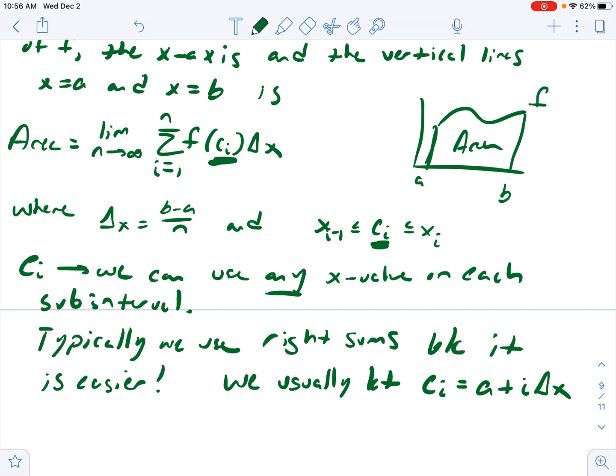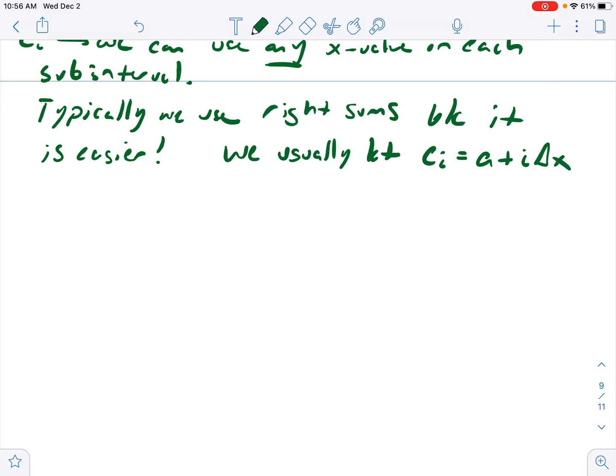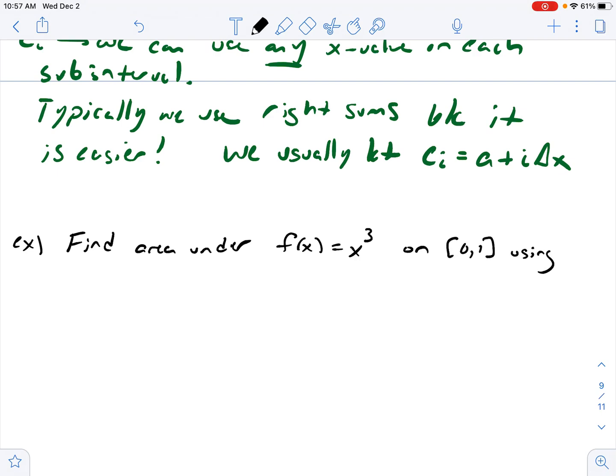And we only do that out of convenience, okay? And so let's go through an example now using the limit definition to find area, okay? So example, find the area under f of x equals x cubed on the interval 0, 1 using the limit definition.